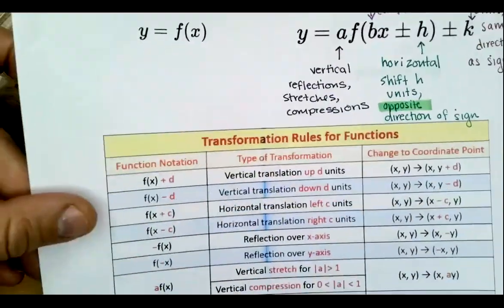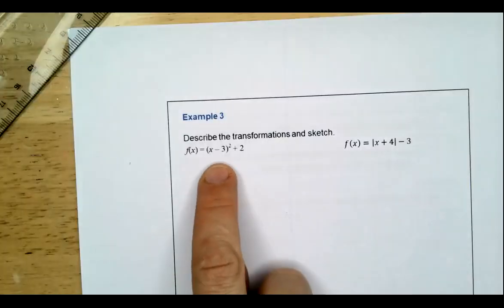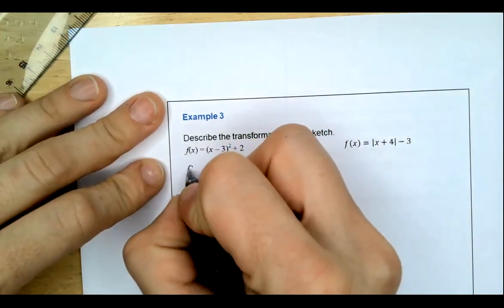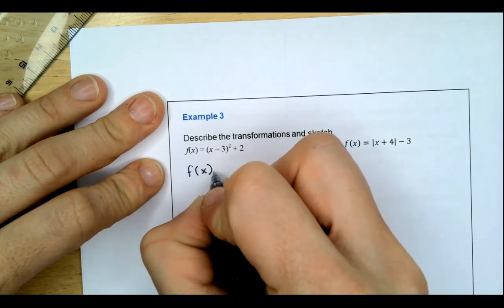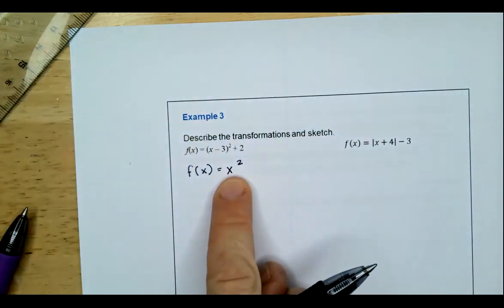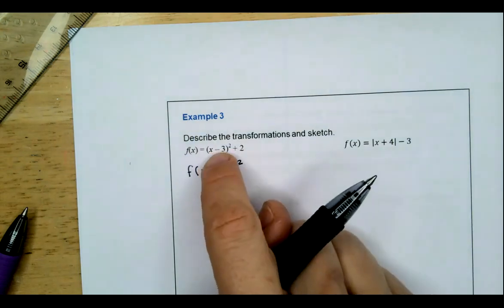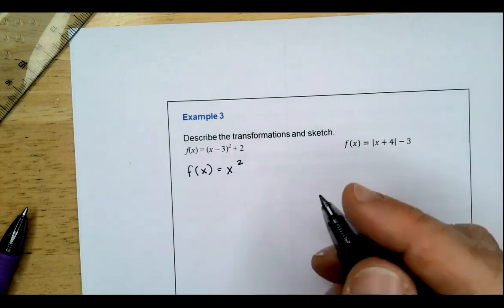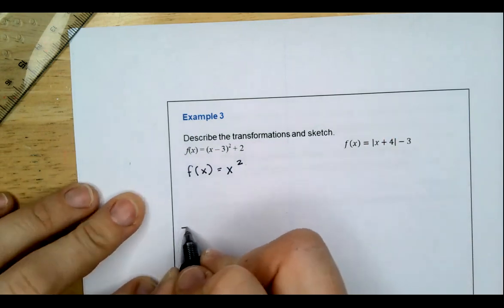So just keep this with you, okay? Decide what your parent function is. So our parent function is f of x is equal to x squared, okay? Because x squared, and then we subtract 3 inside the parentheses and we add 2 outside the parentheses. So my parent function looks like this.